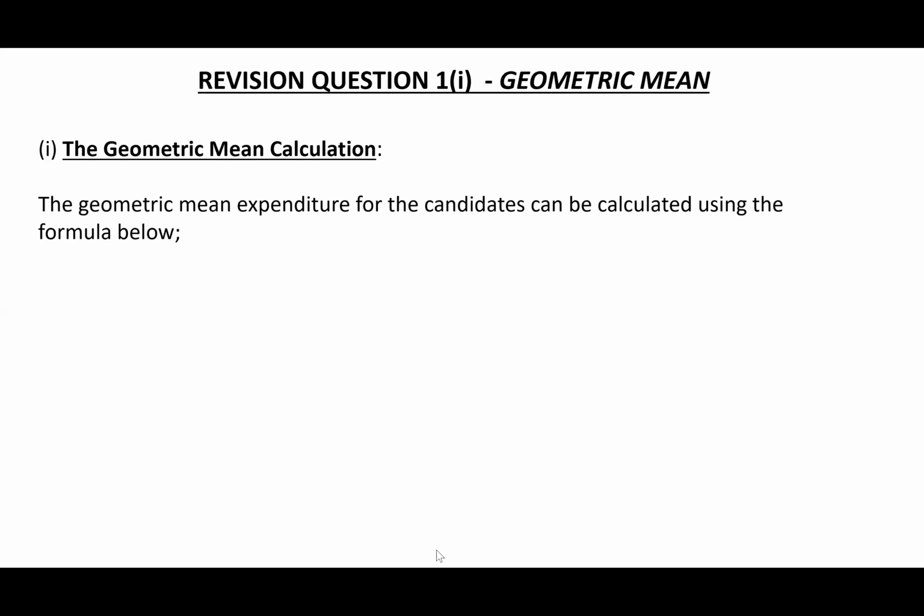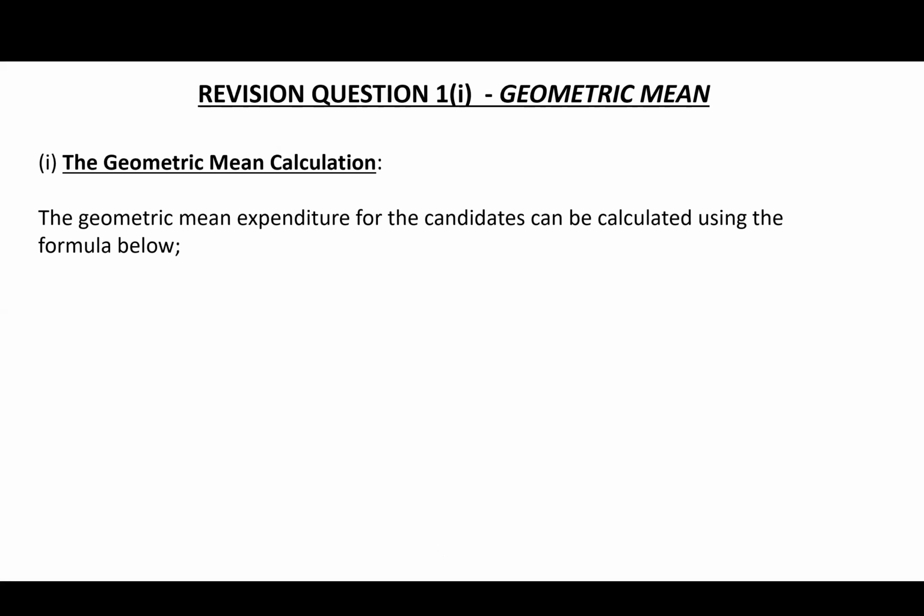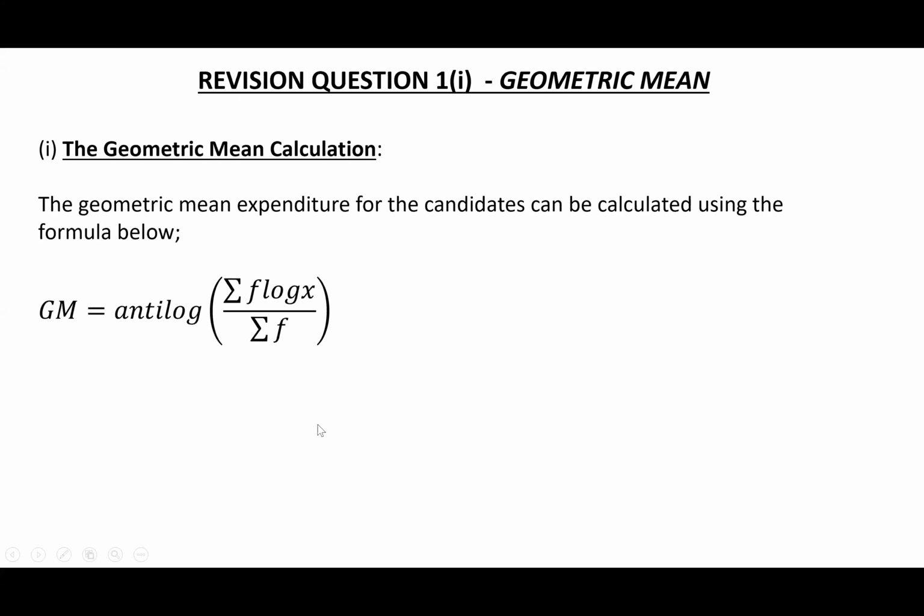So the geometric mean for the 80 candidates in our question can be calculated using this very nice formula here. It's not a guarantee that the formula will be provided to you, but on a good day, it might be. So we are assuming you're not going to be given.